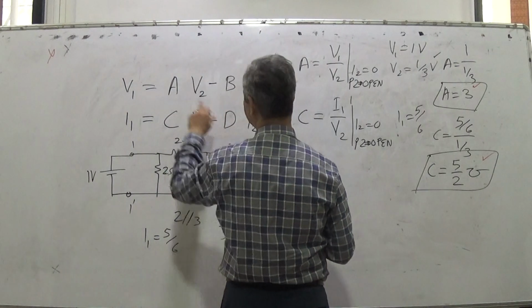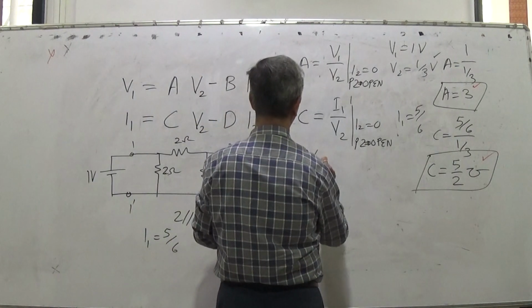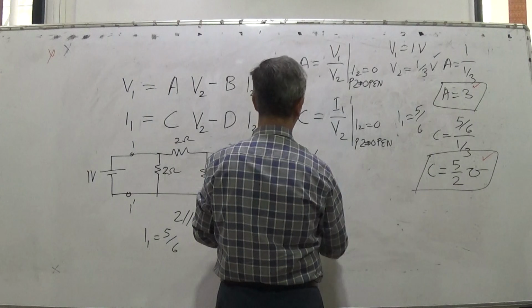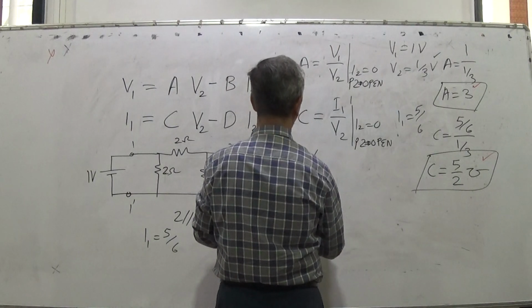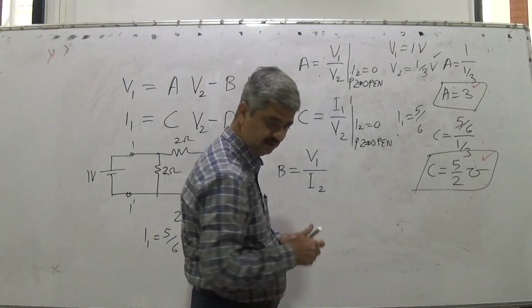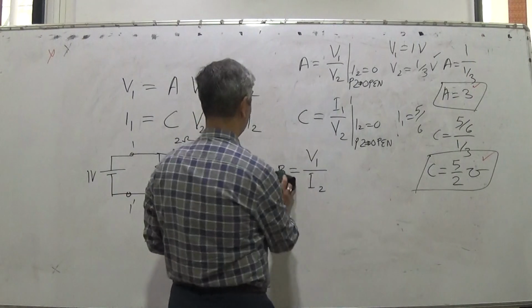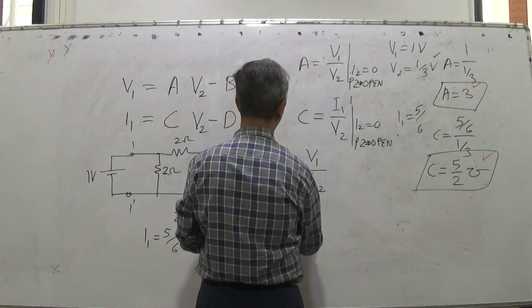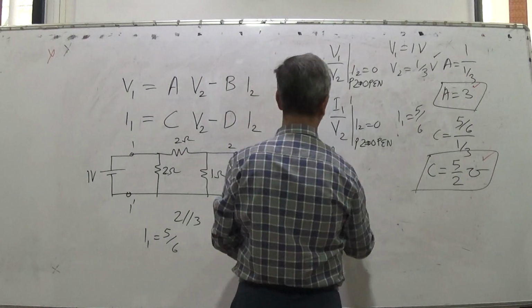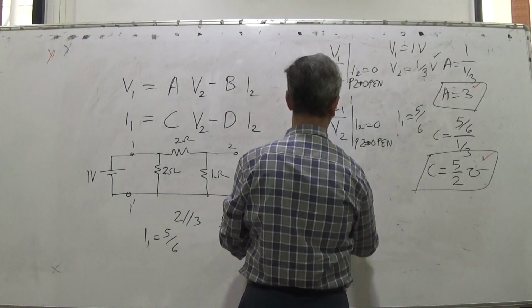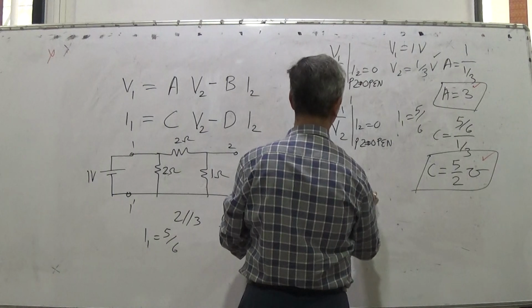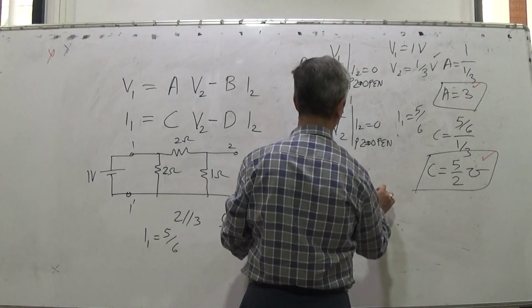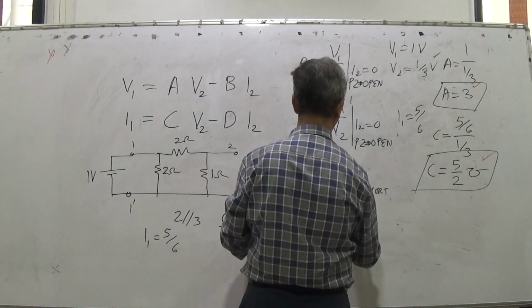So B is minus V1 upon I2 when port 2 is short, or V2 is 0.